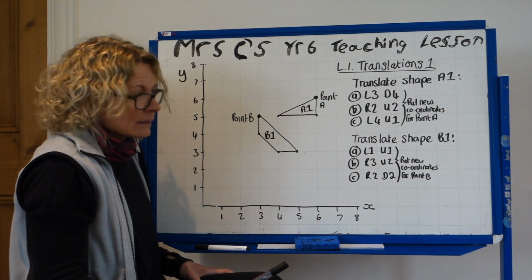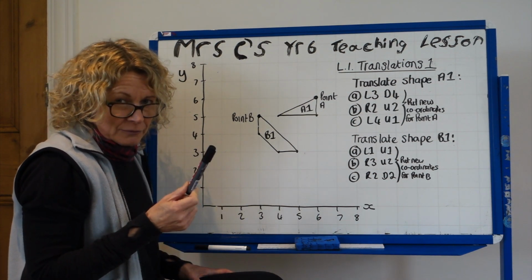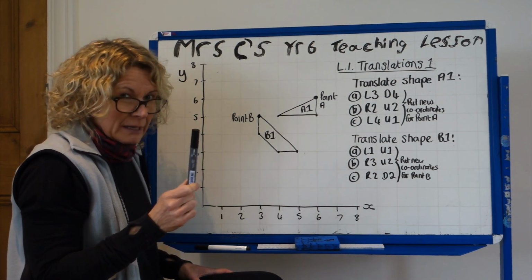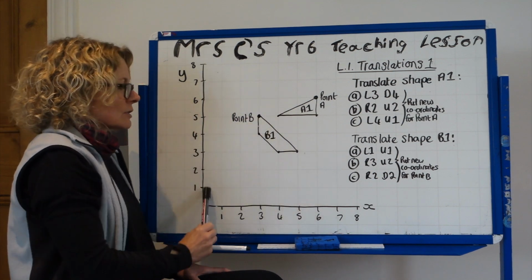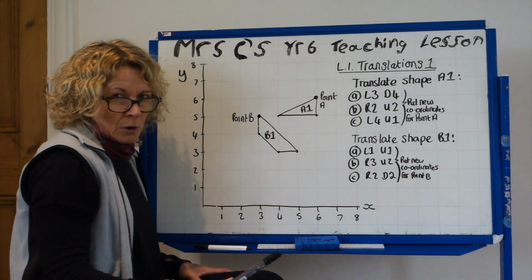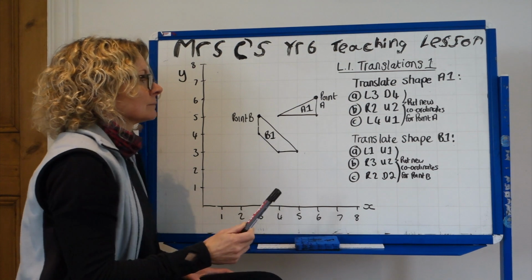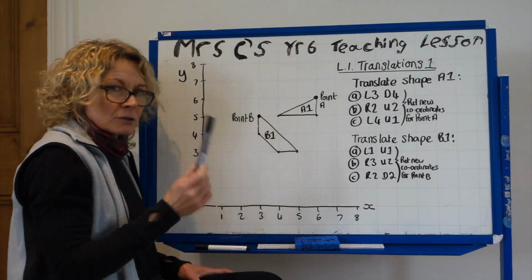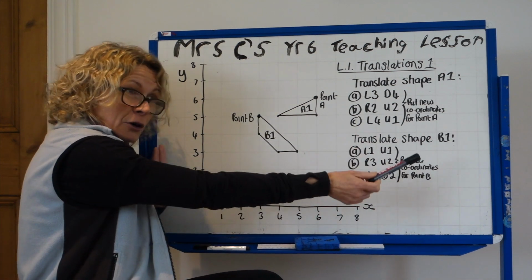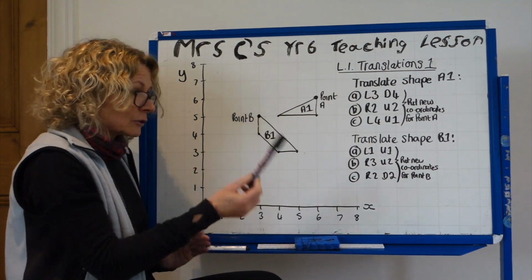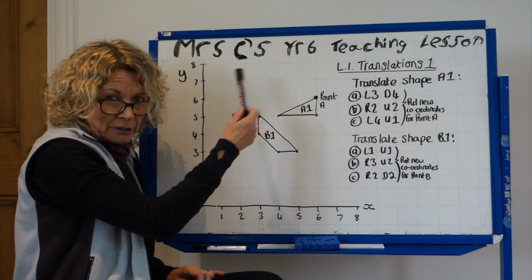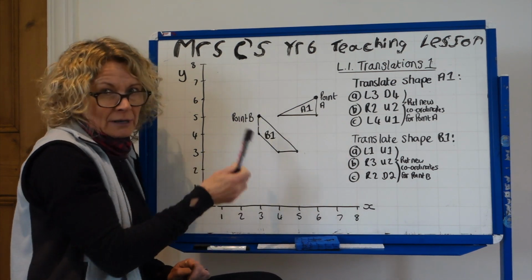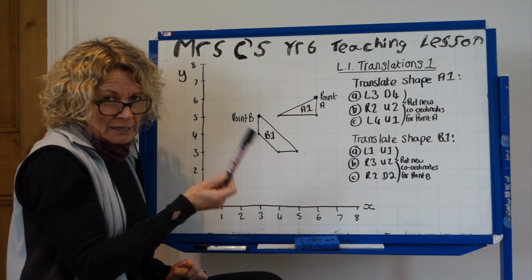Okay, if it's going to get too complicated for you, my top tip would be to draw this graph for A1 and do the work, and then draw another graph for B1 and do the work. But because I've only got a mini whiteboard, I'm going to try and keep my drawings on this one graph so I can show you at the start of the next lesson.